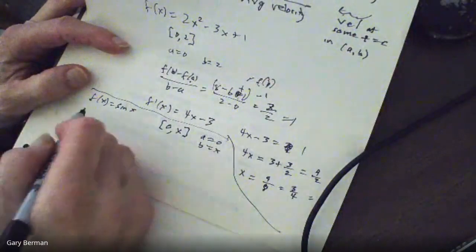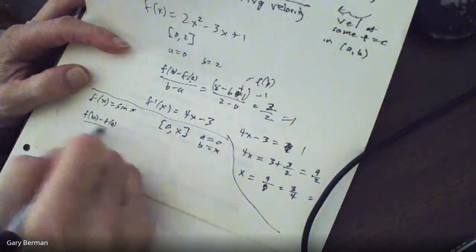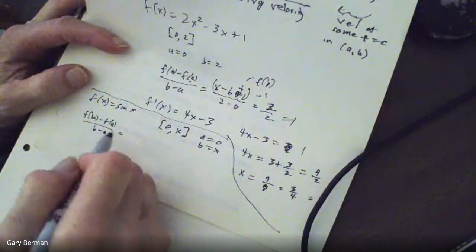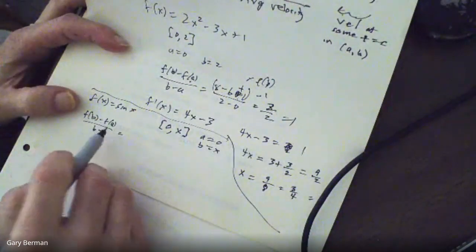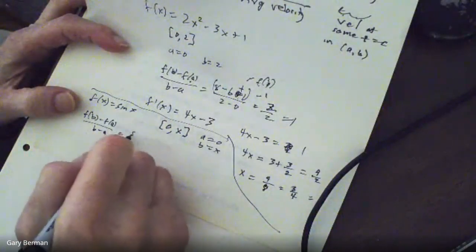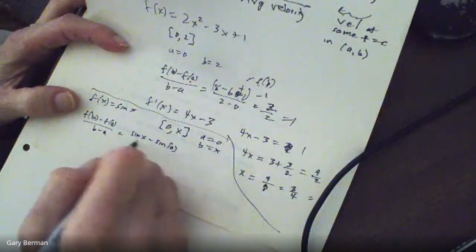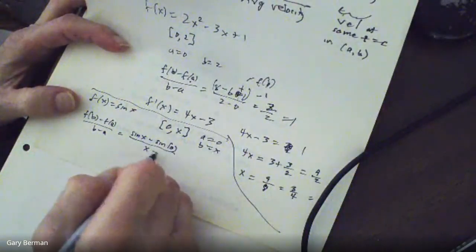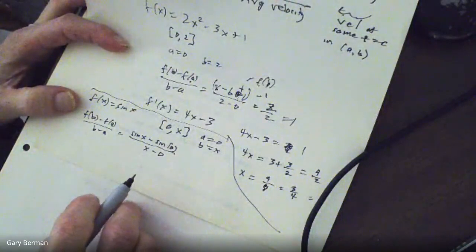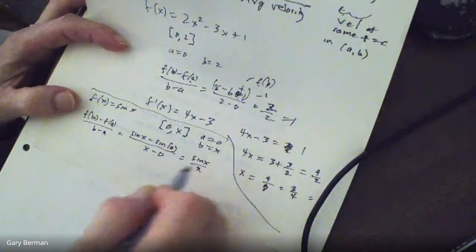The mean value theorem again says f of b minus f of a over b minus a. Well, f of b is sine x minus the sine of 0, over x minus 0, which is sine x over x.